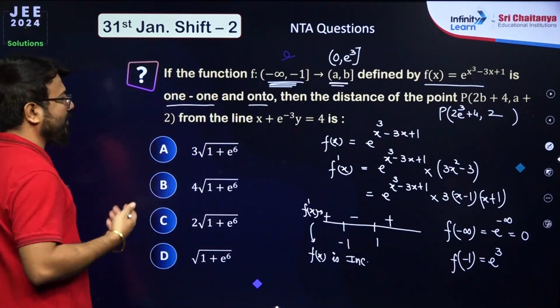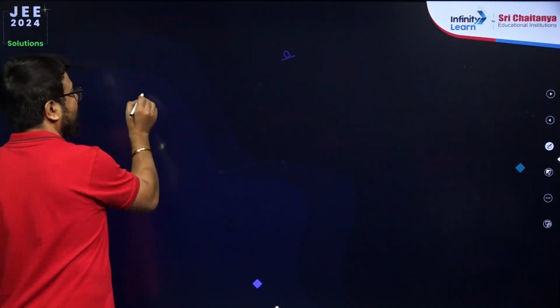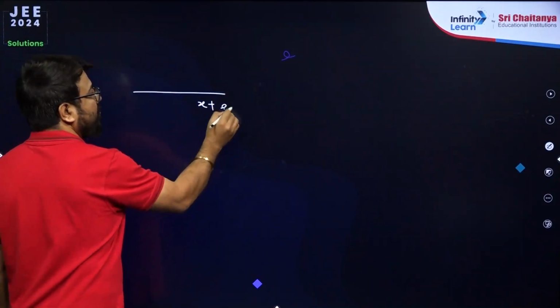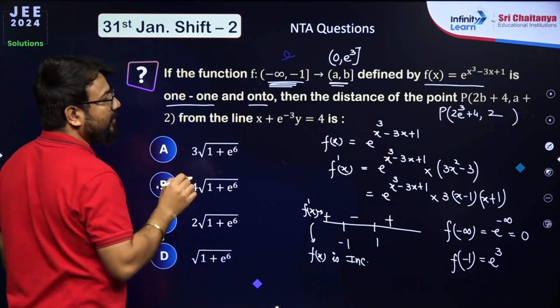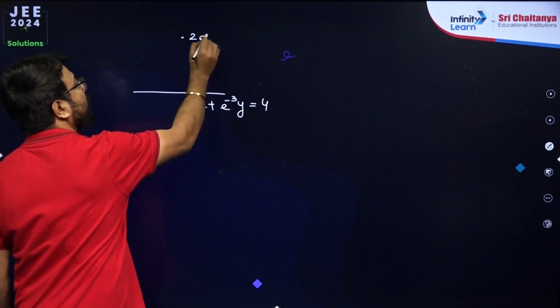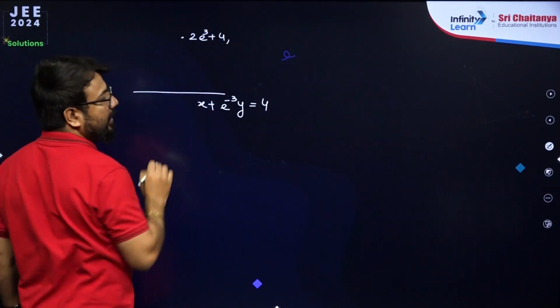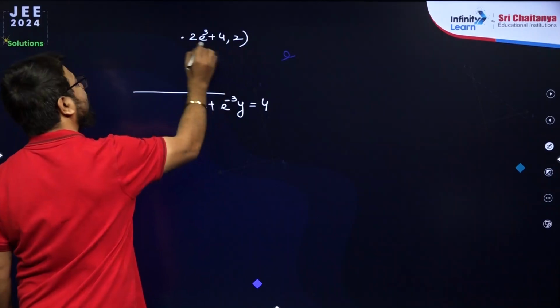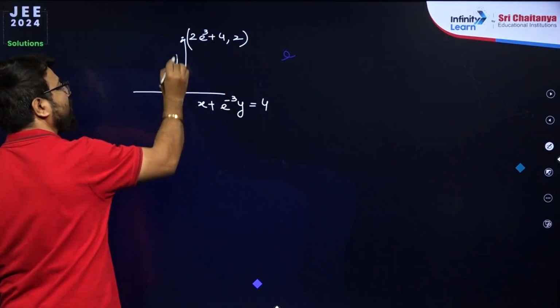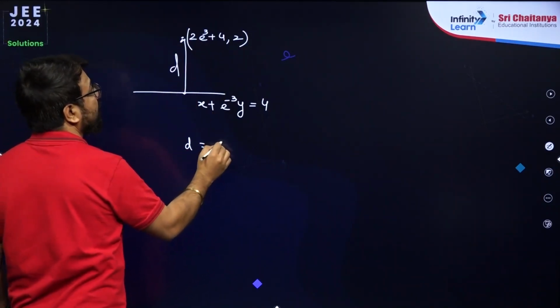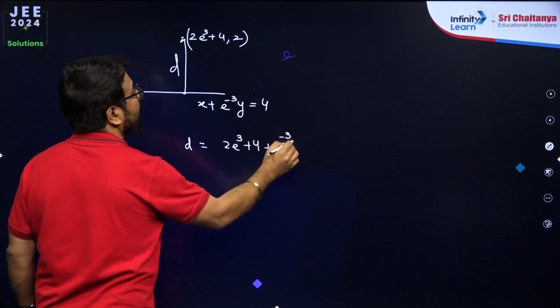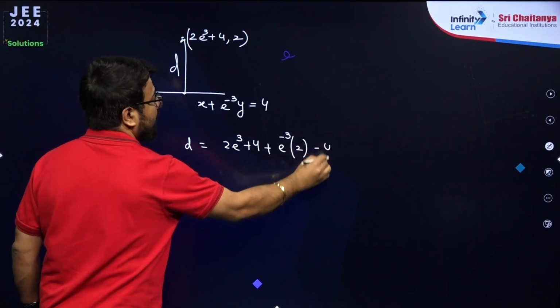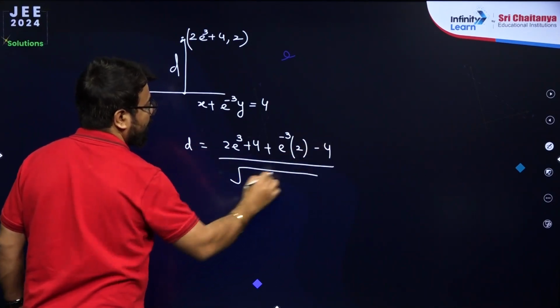So let me take it to the other page: x plus e raised to the power minus 3 into y equals 4, and the point is (2e cube plus 4, 2). So let us put the coordinates into this equation to get this distance. So it is |2e cube plus 4 e raised to the power minus 3 into 2 minus 4| whole divided by square root of a square plus b square.